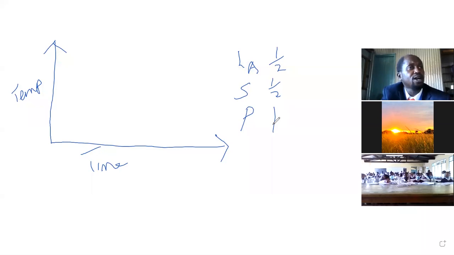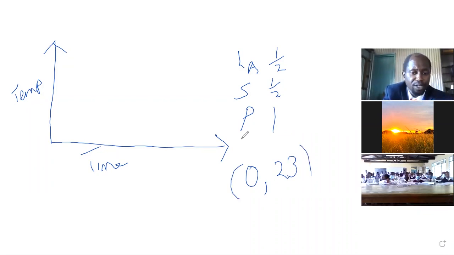Supposing it's at 0 time and a temperature of 23, are you able to locate coordinate 0, 23 on the graph? And the fourth marking point is on the line or shape of the graph, and that carries 1 mark.